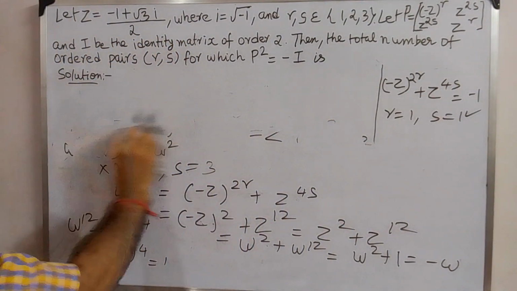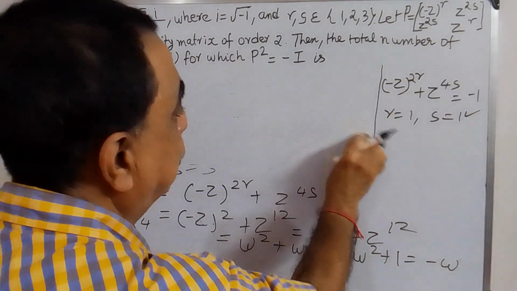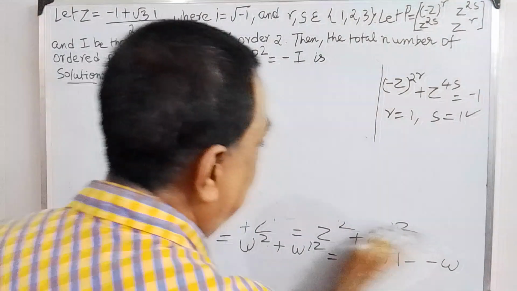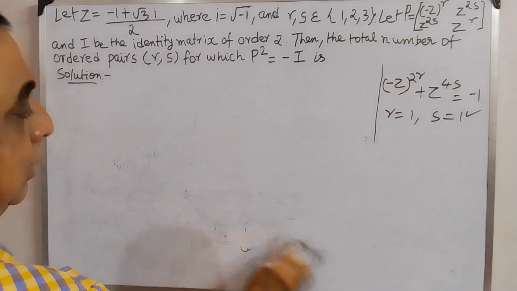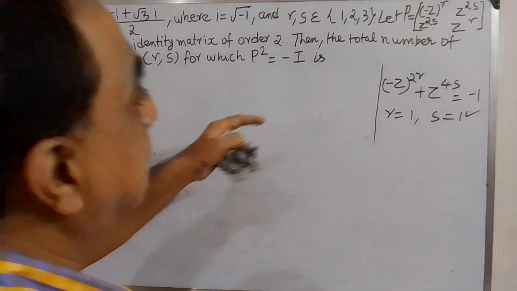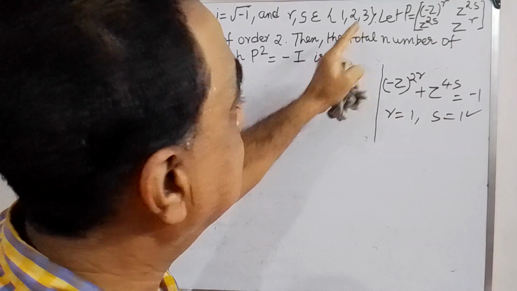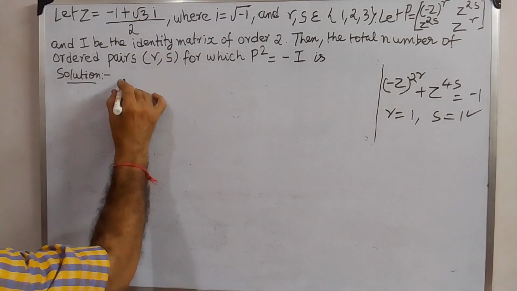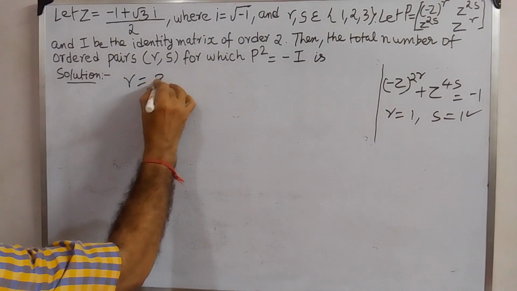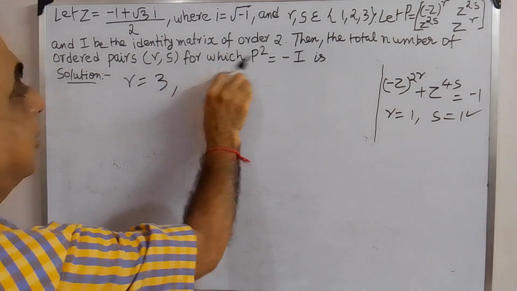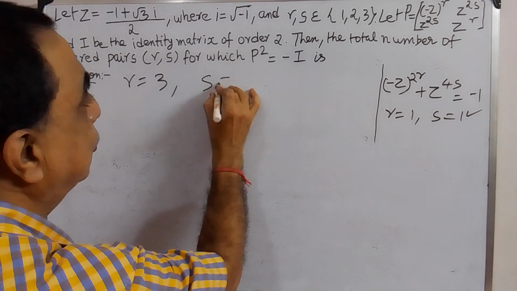Now I am taking r equals 3. Here also you will get the same result. Now let us check r equals 3 and s equals 1.